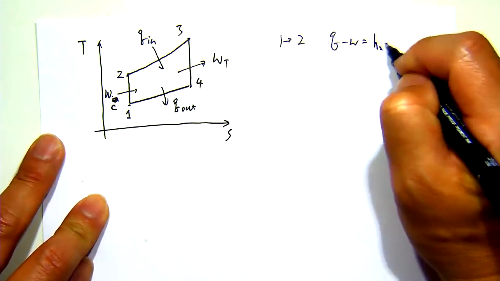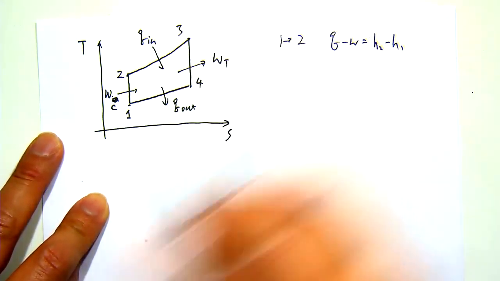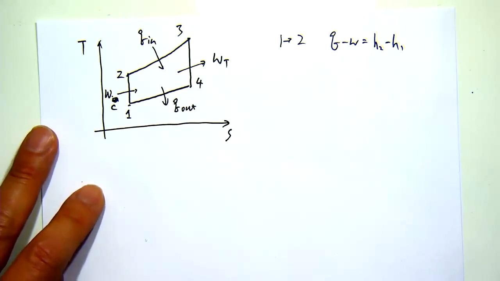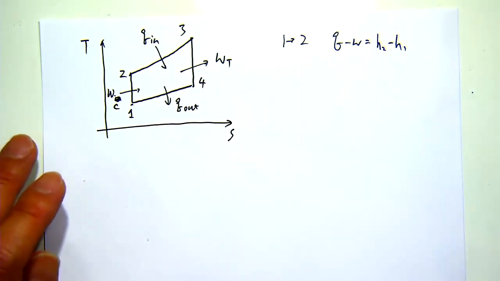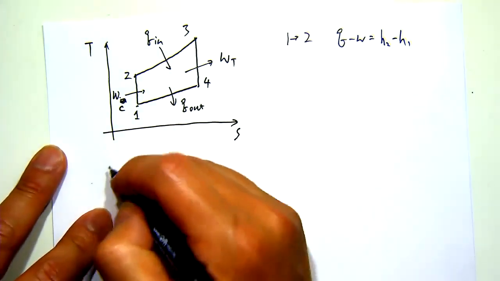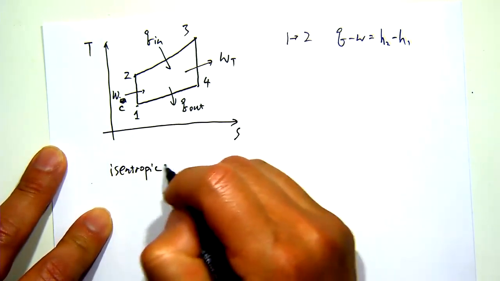So we have H2 minus H1, right? This process is isentropic. Isentropic, by definition, is an adiabatic process. I probably haven't mentioned this: in our discussion here, when we talk about an isentropic process, we consider that the process is reversible and adiabatic.